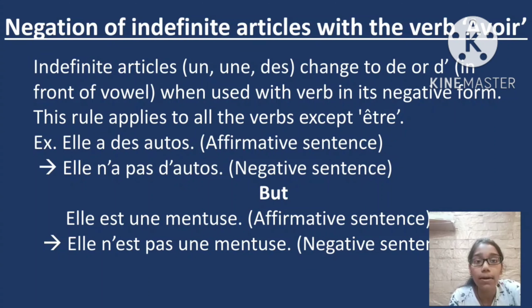Then elle est une menteuse. Affirmative sentence. The negative sentence is elle n'est pas une menteuse. So here une is used. This is the conjugation of être, so here this rule is not applicable. That is, it will be elle n'est pas une menteuse.